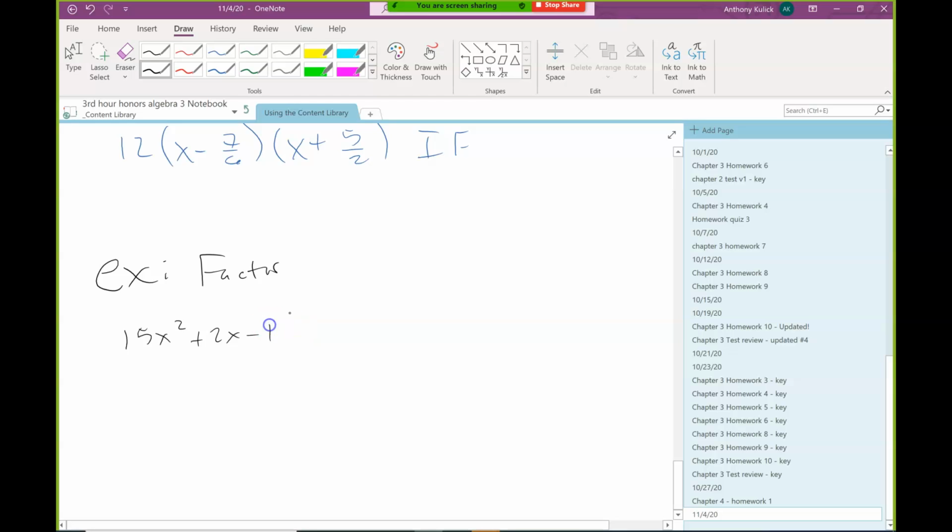So we have 15x squared plus 2x minus 1. We start by finding two numbers that multiply to give us what? 15 times negative 1, or negative 15, and add to give us 2.